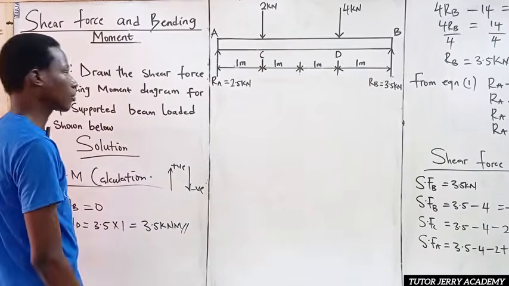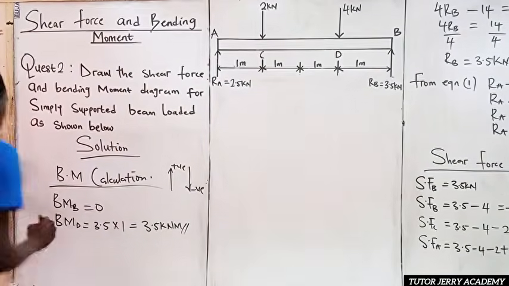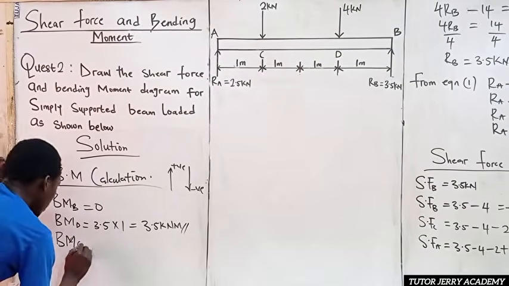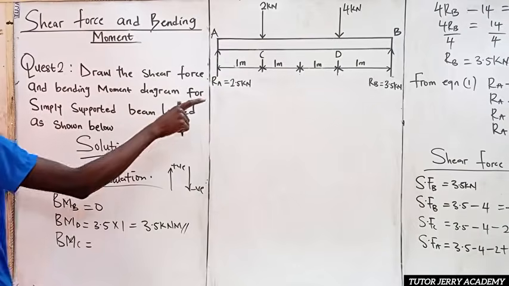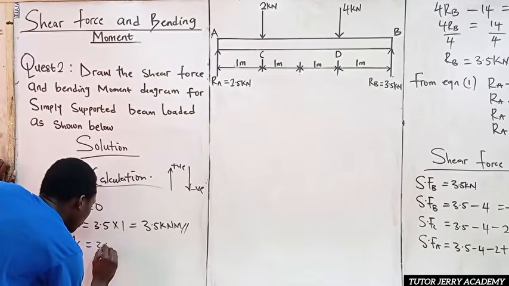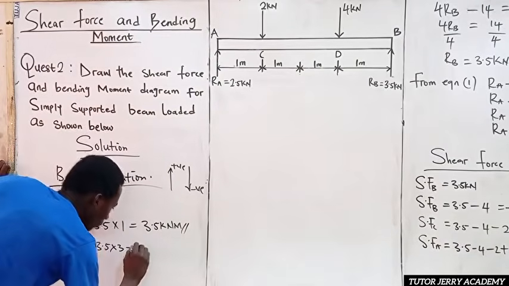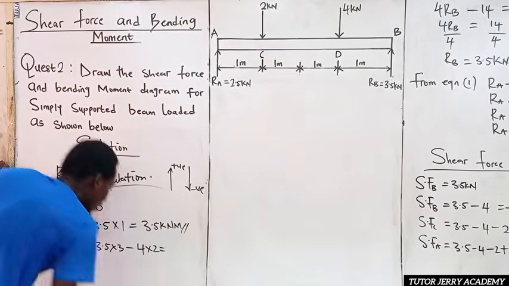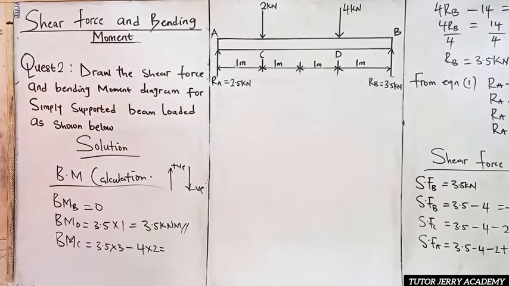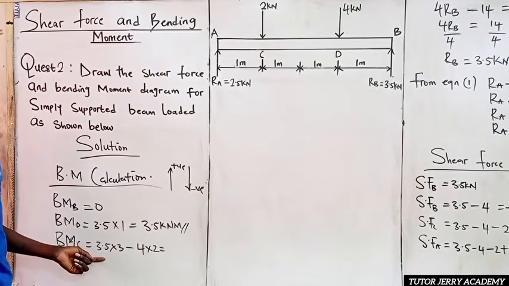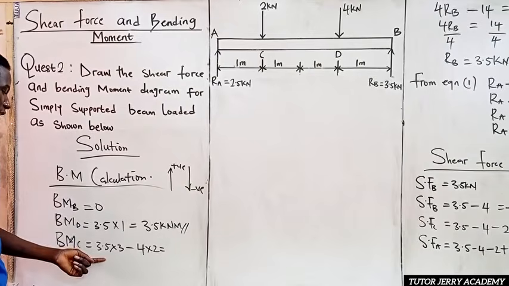So my bending moment at point C will be equal to 3.5 multiplied by 3 minus 4 multiplied by 2. 3.5 multiplied by 3 is nothing but 10.5.